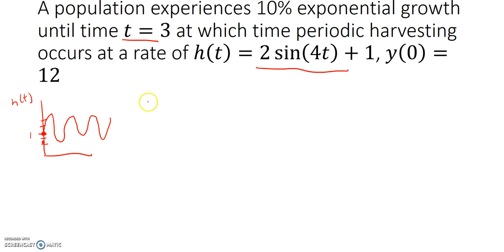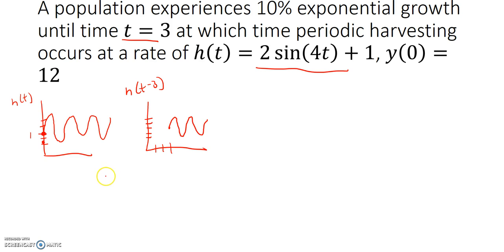So I'm going to shift this guy over. I'm going to take h of t minus 3 so that this function does the same thing but at time 3. So it will look like this or something like this. So this guy is h of t shifted to the right 3 units.